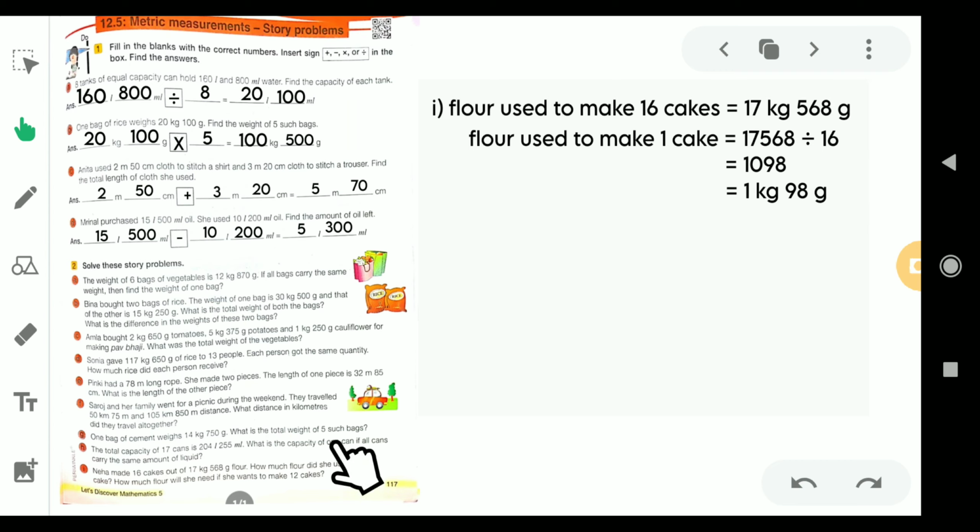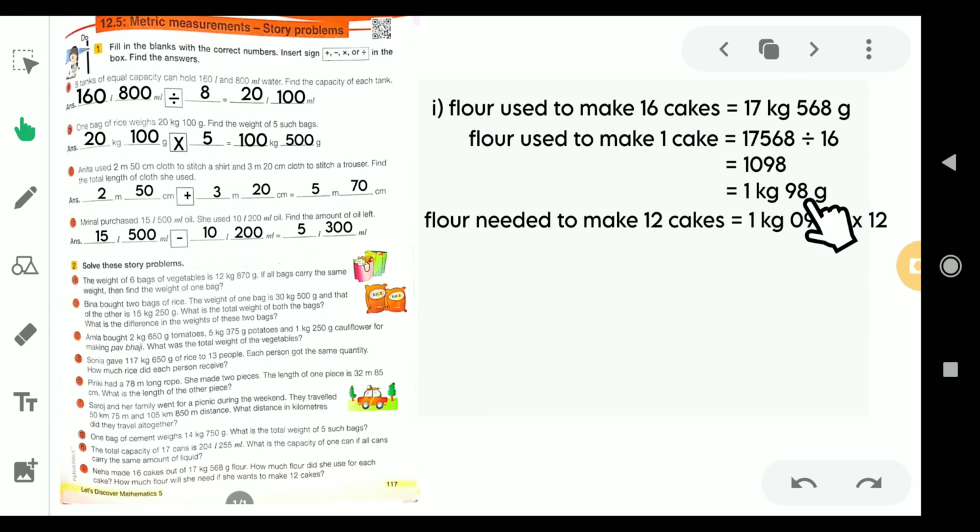But she wants to prepare 12 similar cakes. So what amount of flour is required for preparing 12 cakes? It's simple. So this is the quantity of flour required for making one cake, but she wants to know what quantity of flour is required for making 12 cakes. So for that, this value must be multiplied by 12.